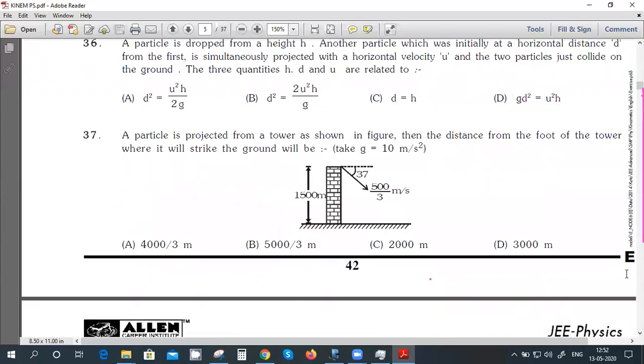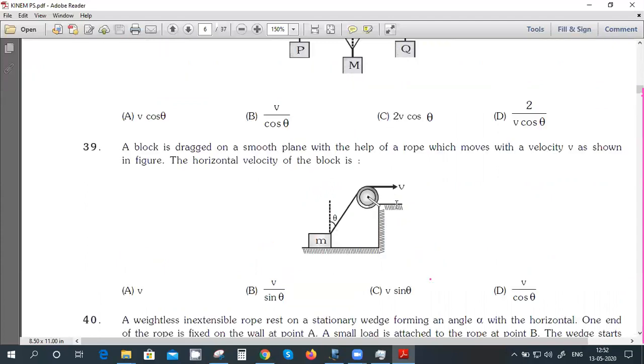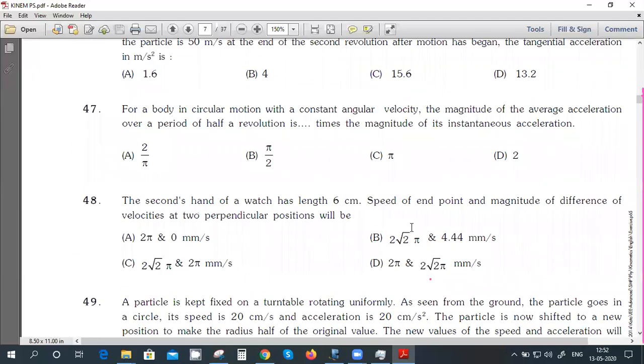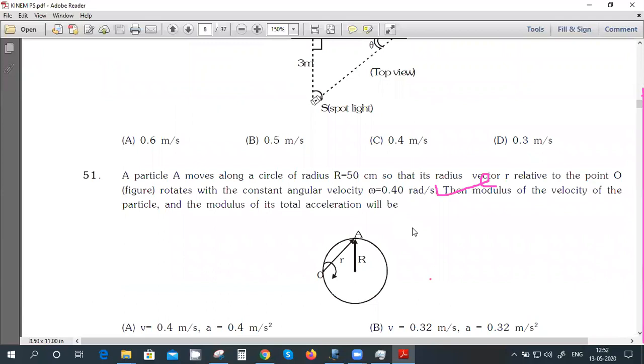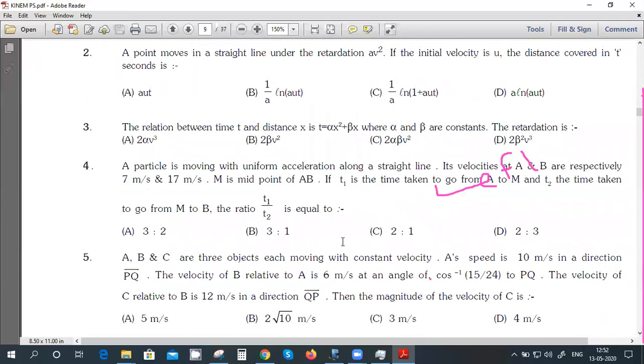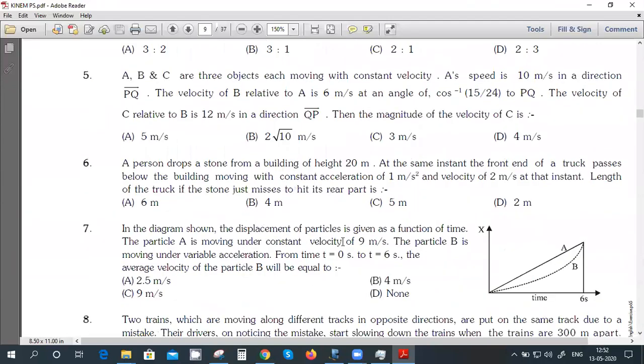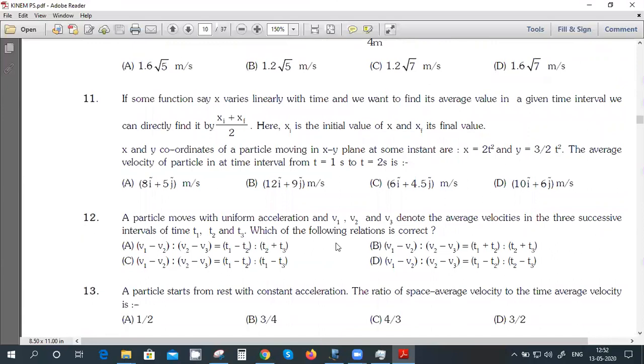So exercise 1 fully done, is it? Yes, sir. This thing you have not done, no? No, sir. This I left. Okay. Exercise 2 until what point? This is exercise 2. 25 to 30 questions. Okay.